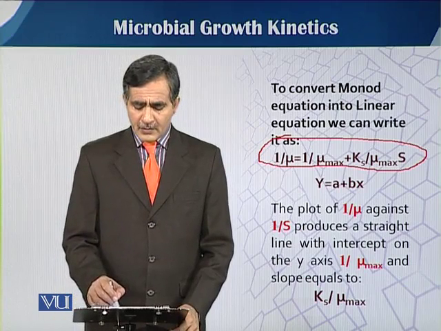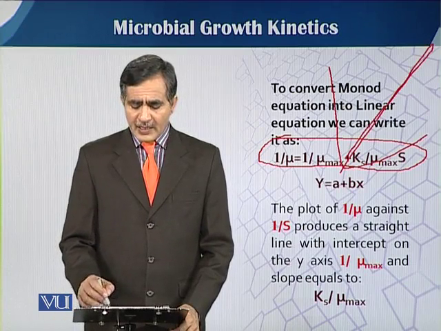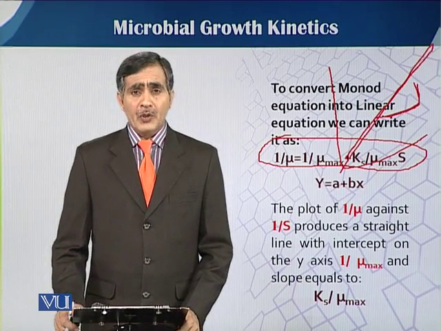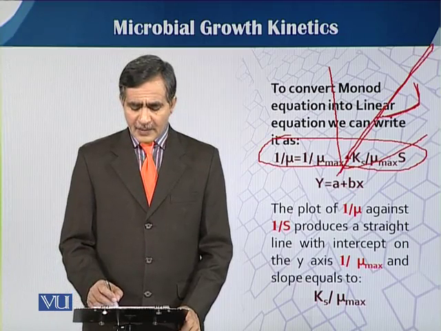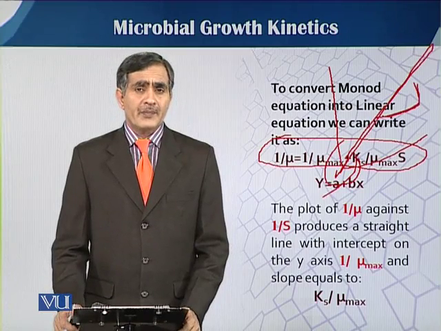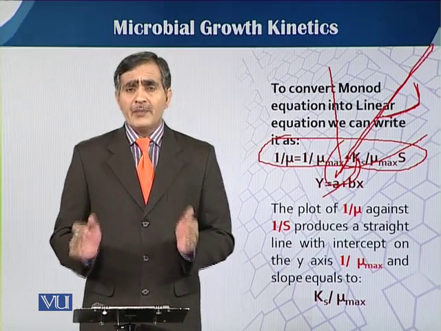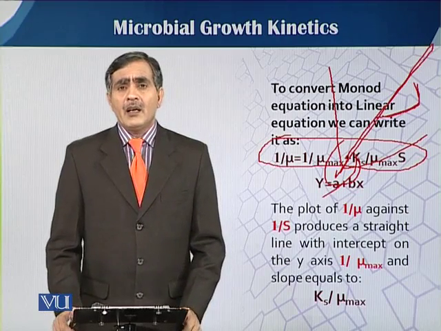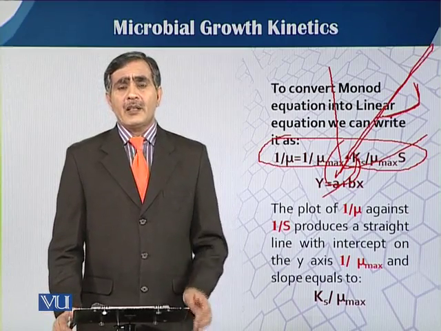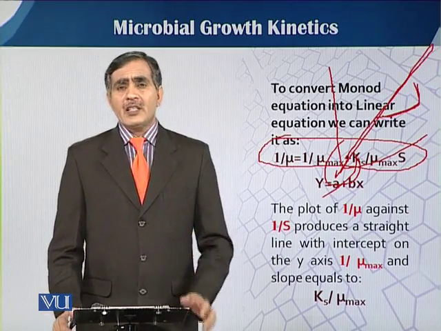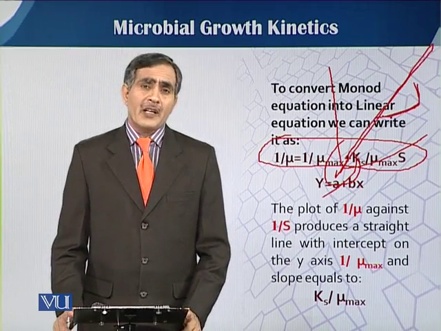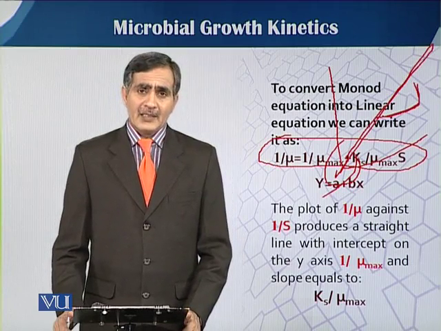The slope of the straight line will be equal to Ks over mu max, and the intercept will be equal to 1 over mu max. So by measuring the growth rate constant at each concentration of the substrate, we are able to calculate the Monod parameters mu max and Ks.